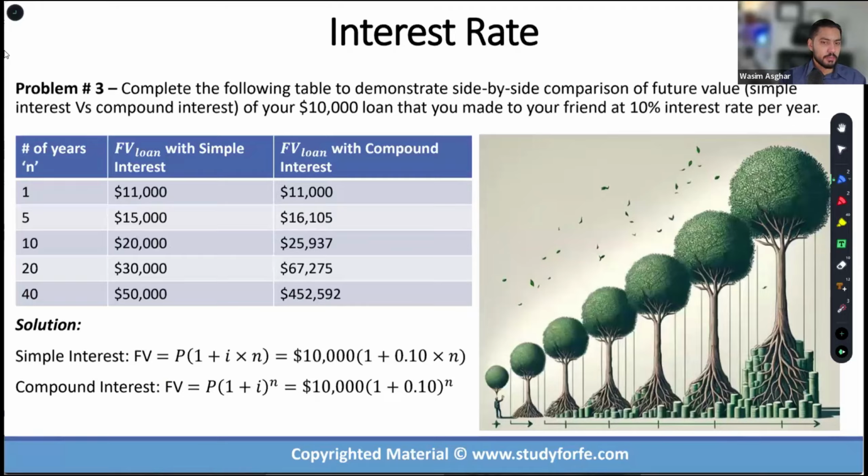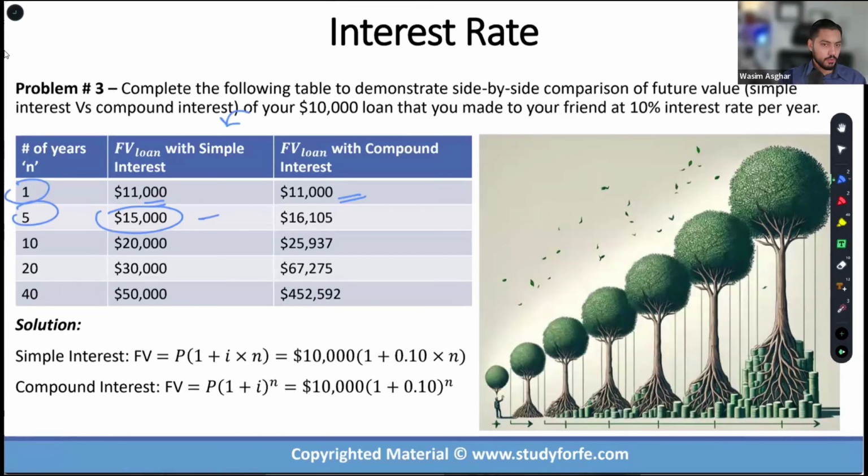So looking at this example of simple interest rate, what your friend owed you at the end of year one was $11,000. And same thing for the compound interest rate. Fast forward 5 years with the simple interest rate, where you were just taking the principal, multiplying it by the interest rate, multiplying it by the number of periods: 15K.